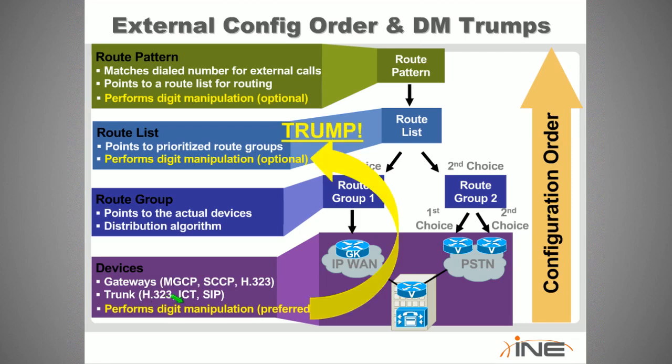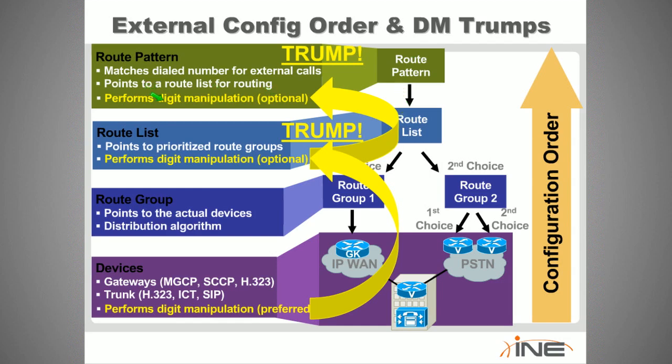In fact, what happens is anything that's done at the gateway or trunk's digit manipulation, and we're going to talk a little more about this in a moment, trumps whatever was configured at the route list details. And assuming there was nothing at the device level, the route list details trumps what was done at the route pattern.